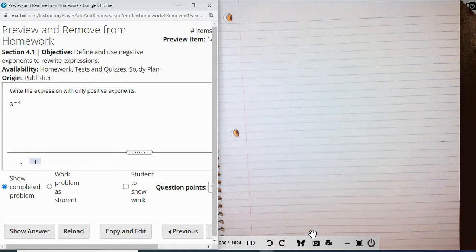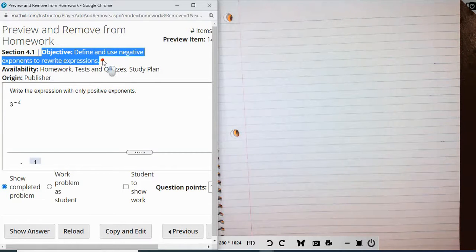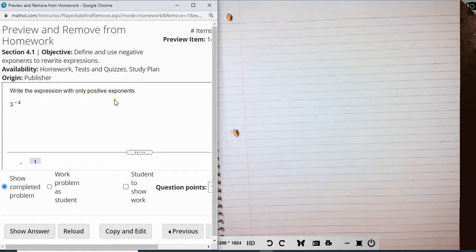Okay, so here we are in Chapter 4. And by the way, you may wonder why I'm showing you this particular screen. The big reason is that this is a behind-the-scenes view, kind of how I see things.